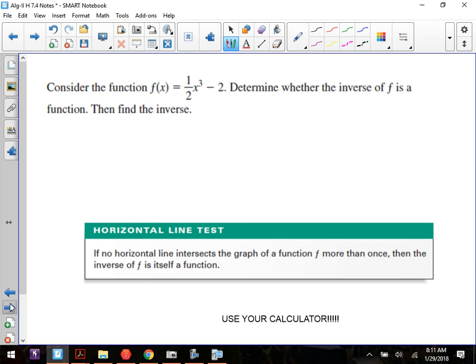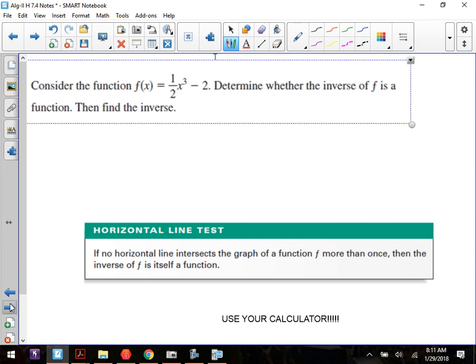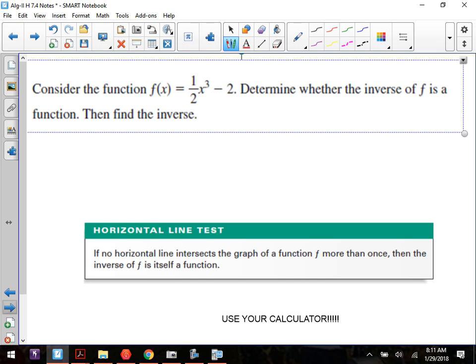All right. Let's try another one. Consider the function. So we're using more vocabulary now. Determine whether or not the inverse of f is a function. So how do you tell if something's going to be a function?